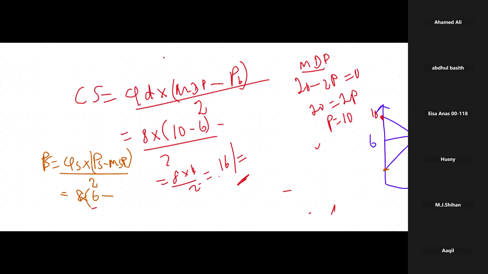Minimum supply price, QS is equal to 0. So what is the QS there? What is the supply function? Can you tell? Minus 10 plus 3p.